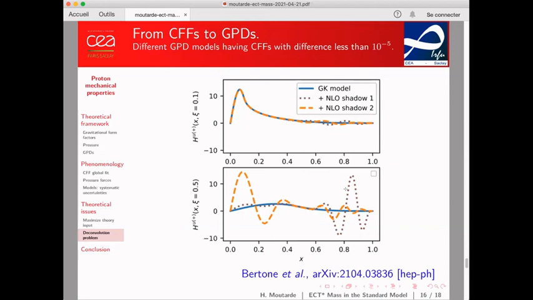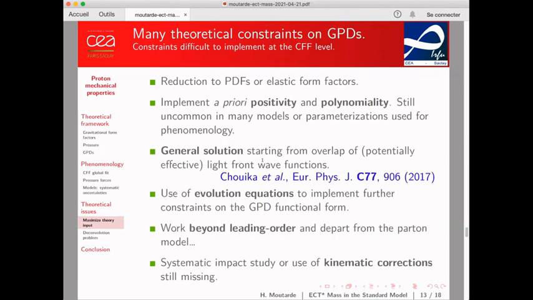And if we want to put positivity in the game, then we would have to start with a formalism where both things are fulfilled at the same time. And the only way known so far to do it in a systematic manner starts from light front wave functions. So yes, I think that could be a valuable input.